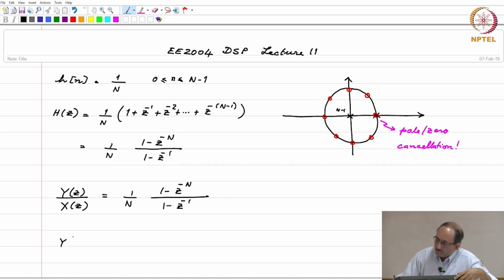If you cross multiply, you have this times X of z.